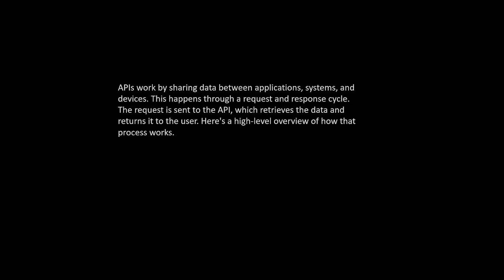We already discussed these lines. This happens through a request and response cycle. The request is sent to the API, which retrieves the data and returns it to the user. Here's a high-level overview of how that process works.